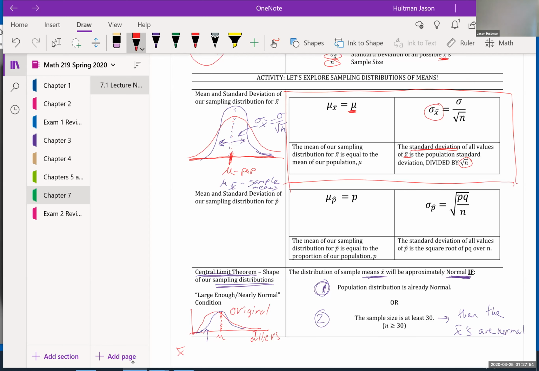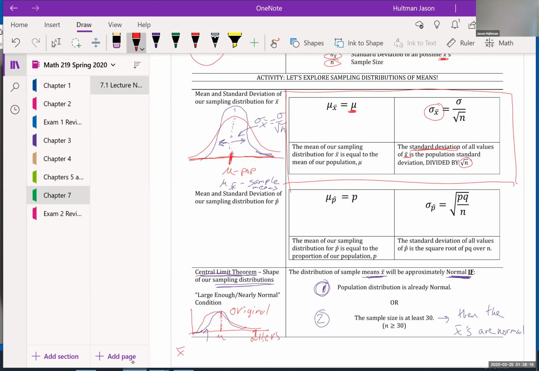Like say I have a really big value up here, well, that's going to be counteracted by the small values over here. And so the average of the averages will be in the same spot as the original average, but the distribution will be a normal distribution. It will end up being symmetric.